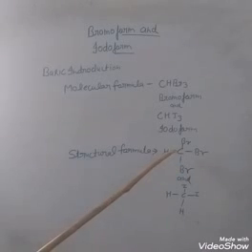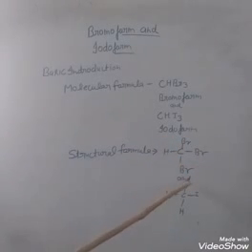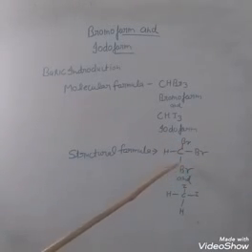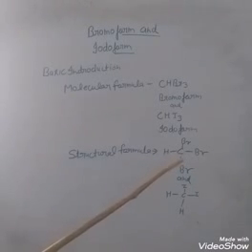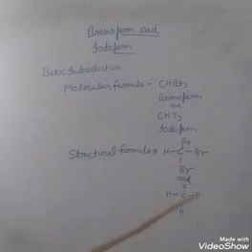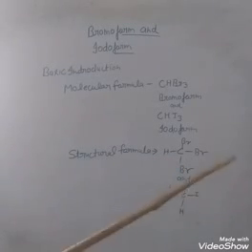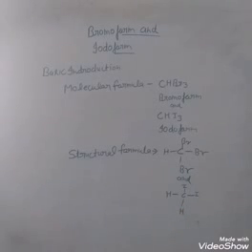Next is the structural formula. Here the carbon atom is joined to 3 moles of bromine and 1 mole of hydrogen. So it's called bromoform or tribromomethane. And the second is triiodomethane.